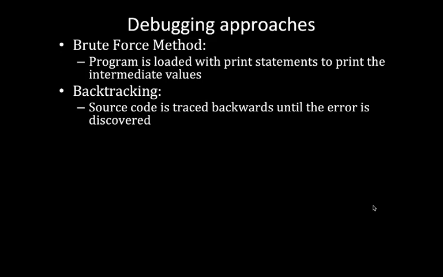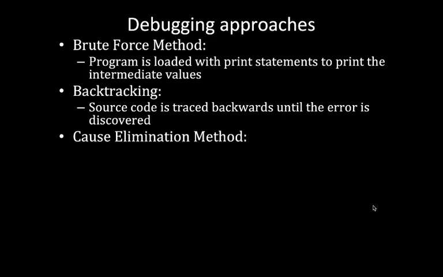We find out where that error symptom has been observed and we backtrack through the source code to find out where that error has occurred. The number of lines might be 10 or 20, depending on the program. So it is very difficult to do this debugging approach. If it is a complex program, it will be very difficult to do this backtracking mechanism.